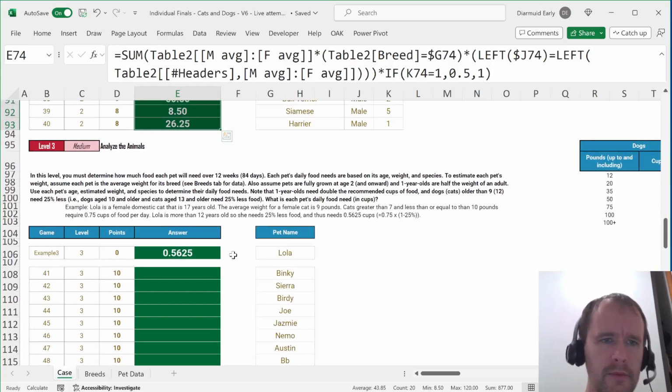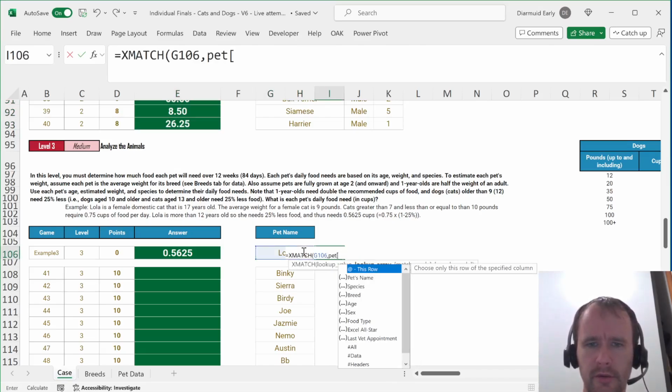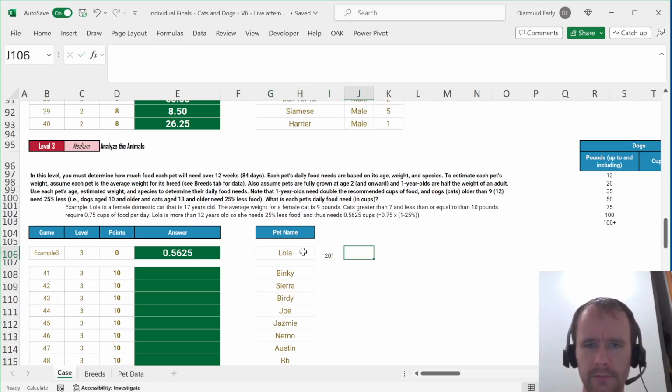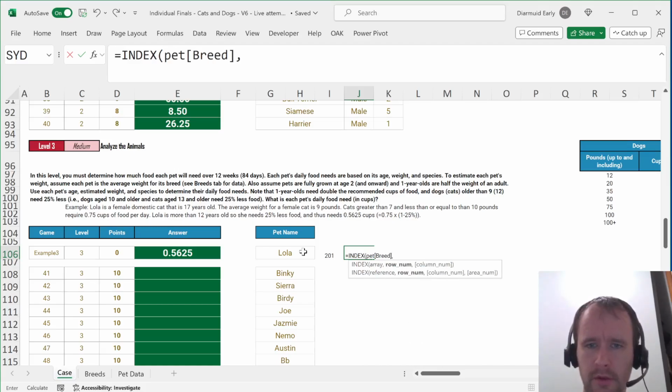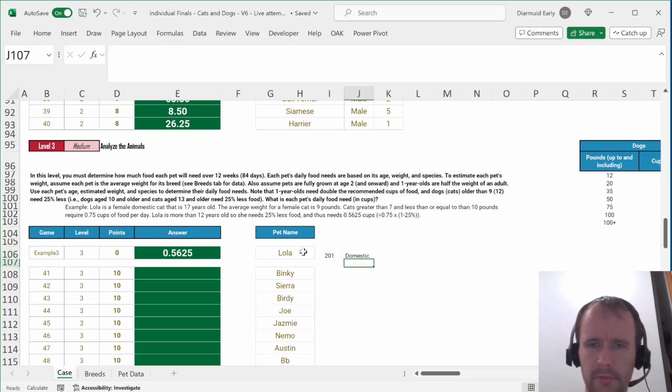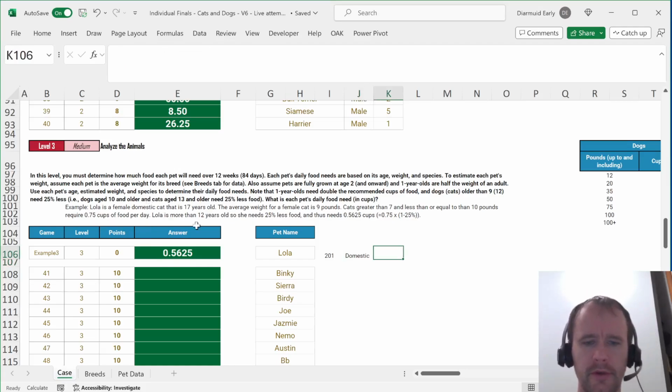Okay, analyze the animals. This level you must determine how much food each pet will need over 12 weeks. Okay, so first let's just X match this against pet's name. That's 201, so then I need what information? Pet. I need their breed. By this. So Lola is a female domestic cat, so I need their age.